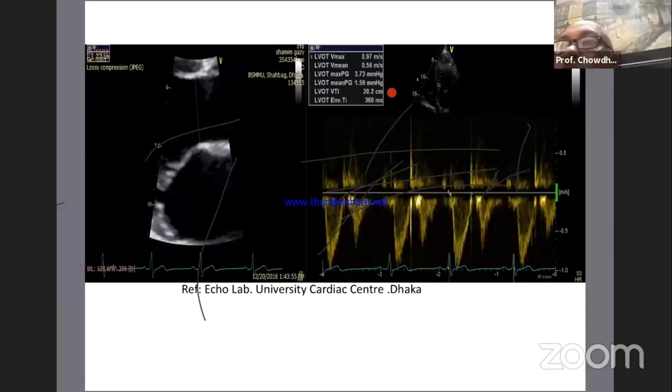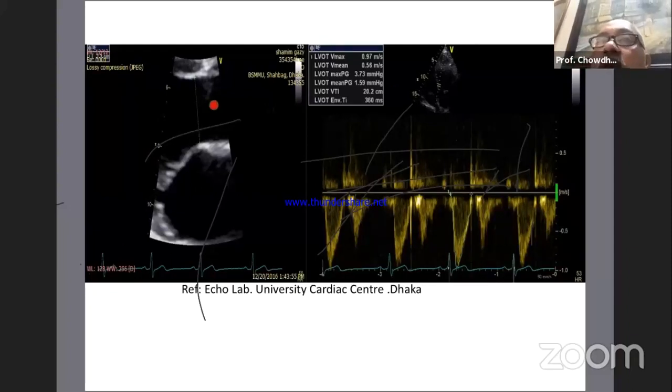And to obtain the stroke volume, we measure the left ventricular outflow tract dimension, from the same point where in the 4-chamber view we placed our sample volume, from inner edge to inner edge.